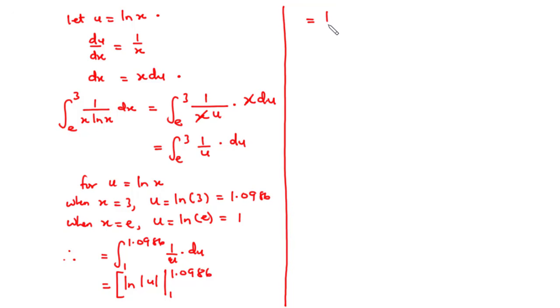So we are going to have ln of the absolute value of 1.0986 minus ln of the absolute value of 1. So ln of the absolute value of 1.0986 gives 0.0940 minus ln of 1 is 0. It means that we have our final answer to be 0.0940.